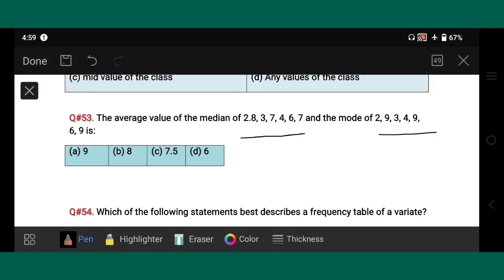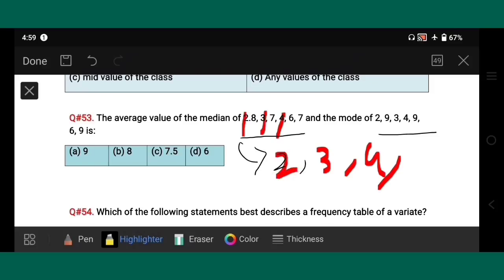So for this we are going to calculate median from this data. So arrange the values in ascending order: 2, 3, 4, 6, 7, 8.